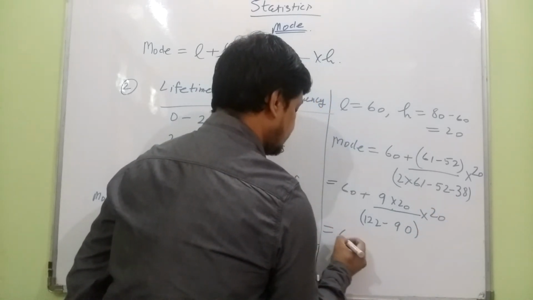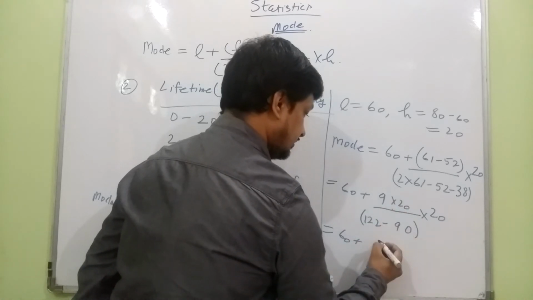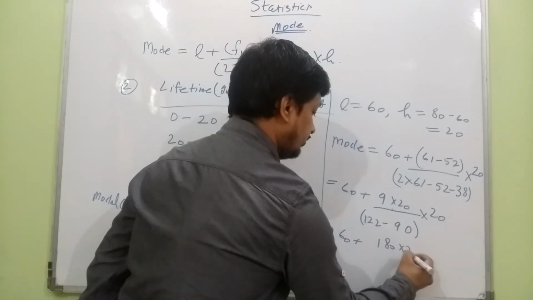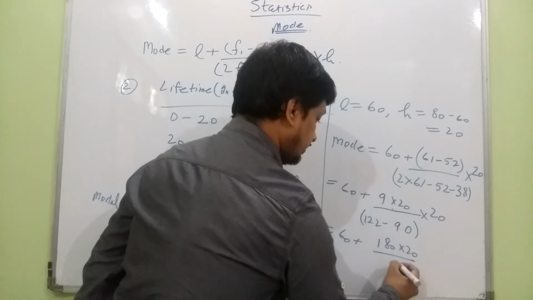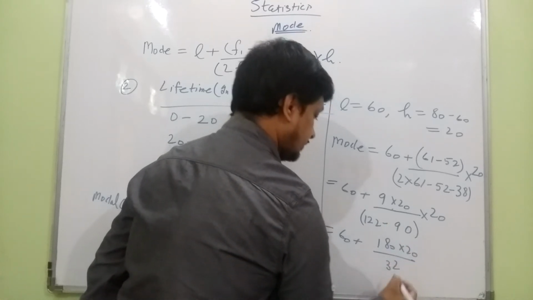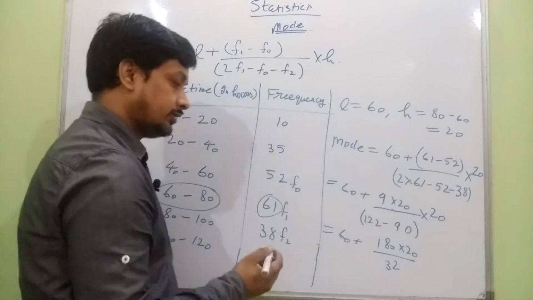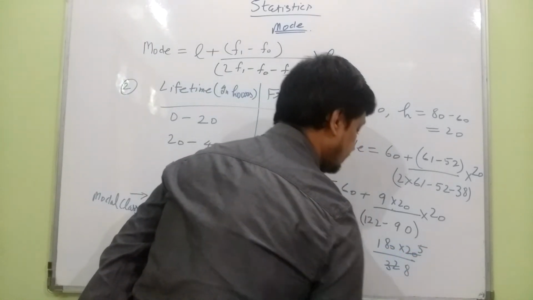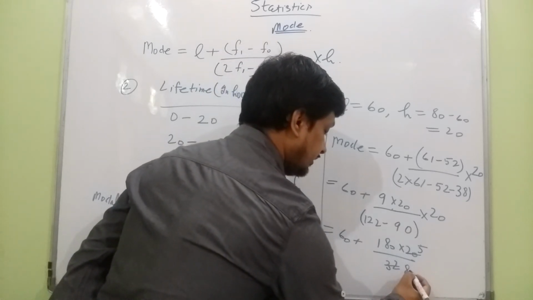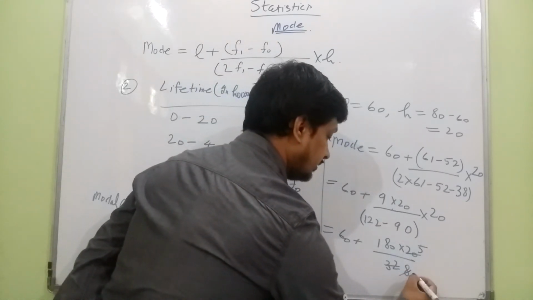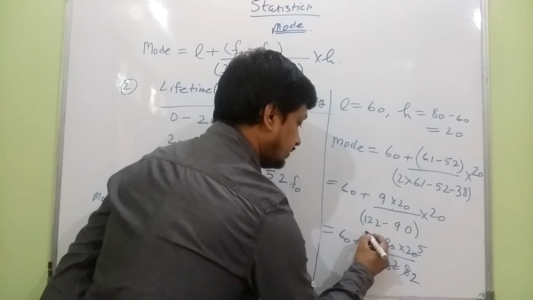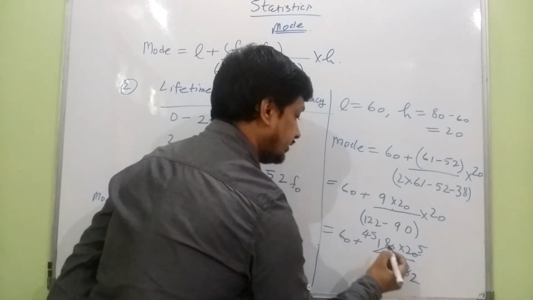20. So 60 plus it will be 180 into 20 upon 32. So now you can reduce it by 4. 4 5 is 20, 4 8 is 32. Again you can divide it by 4. So 4 2 is 8, 4 4 is 16, 4 5 is 20.